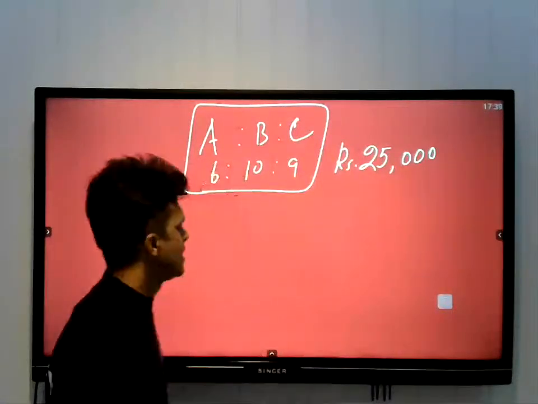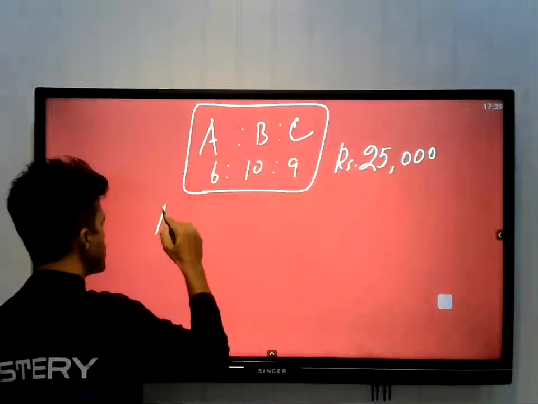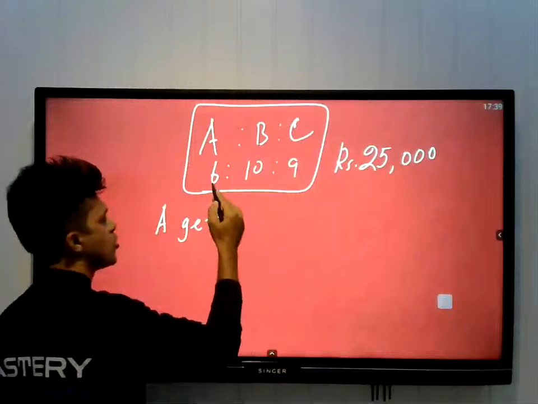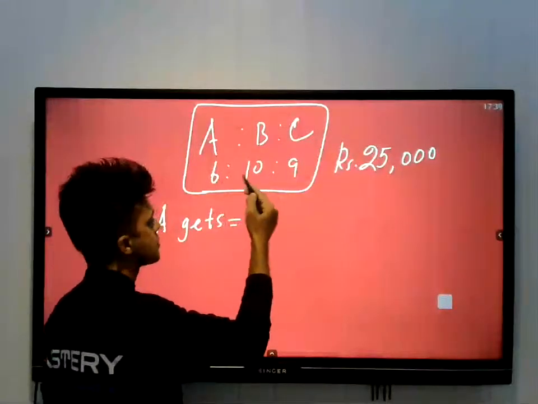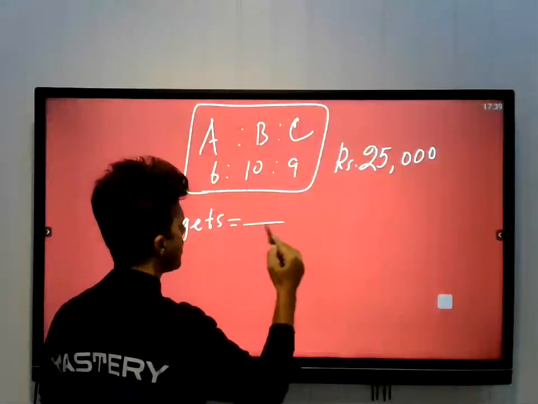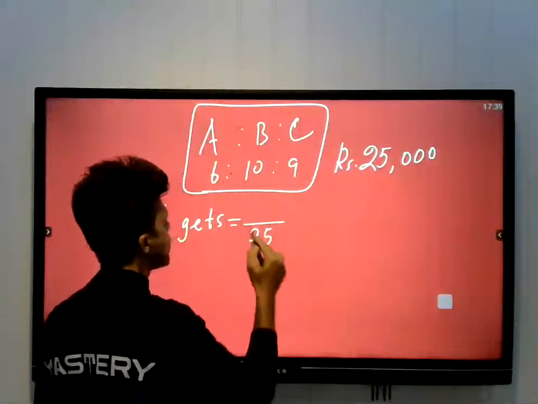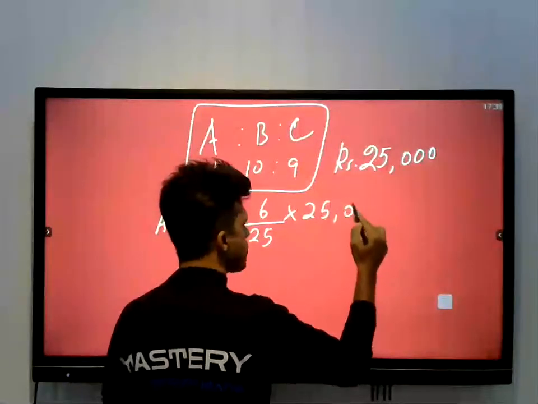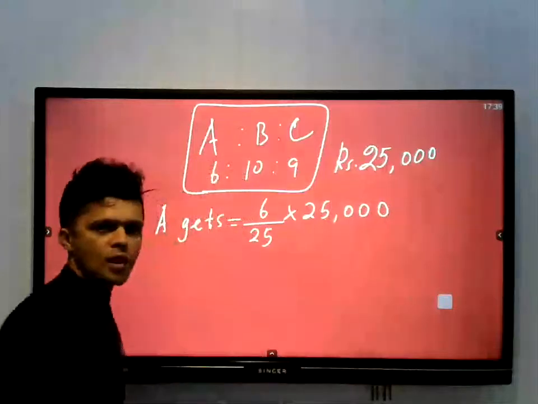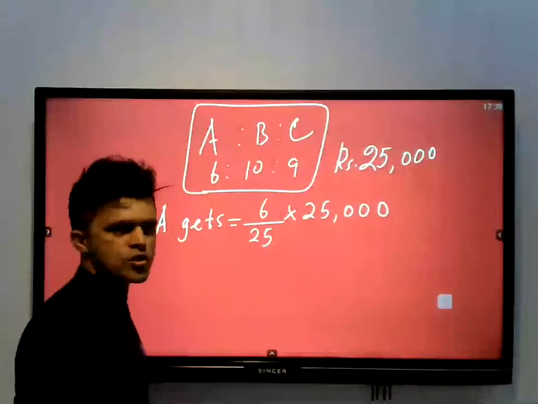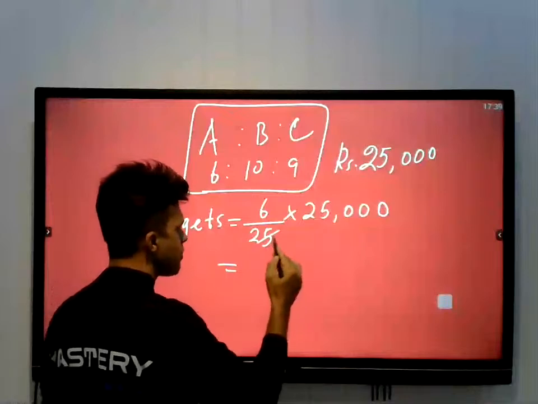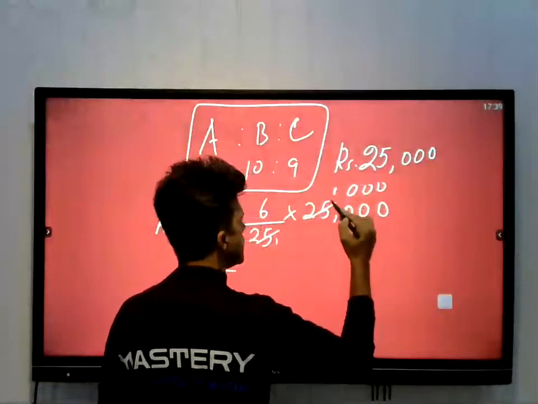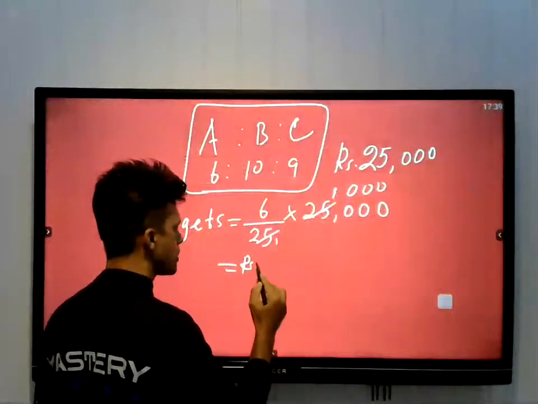Let's calculate it. With the knowledge you have gained so far, you know that you need to add these values: 6 plus 10 is 16, plus 9 is 25. If 25,000 rupees is divided, A gets 6 over 25. I will simplify this easily. 25 upon 25 is 1, then 1000, then 6 into 1000 is 6,000.